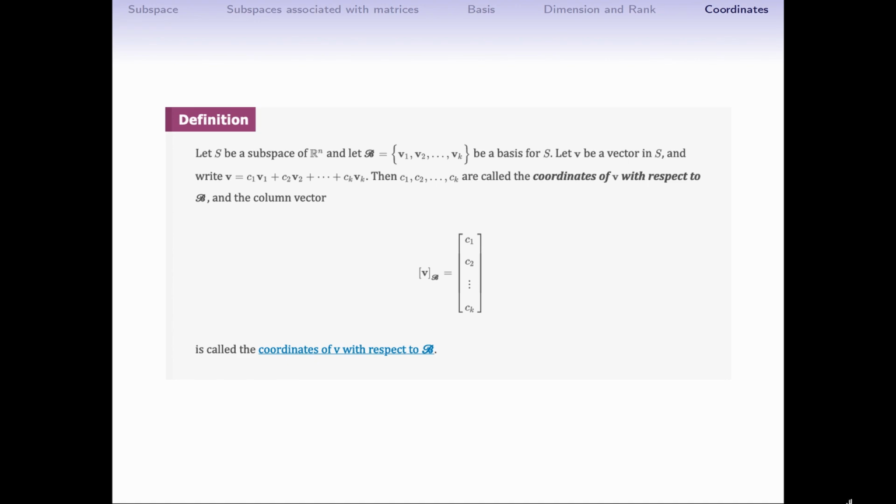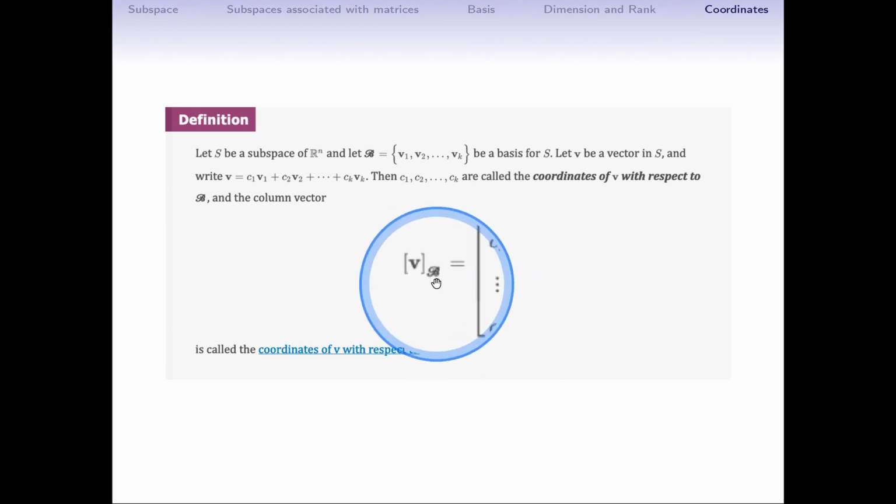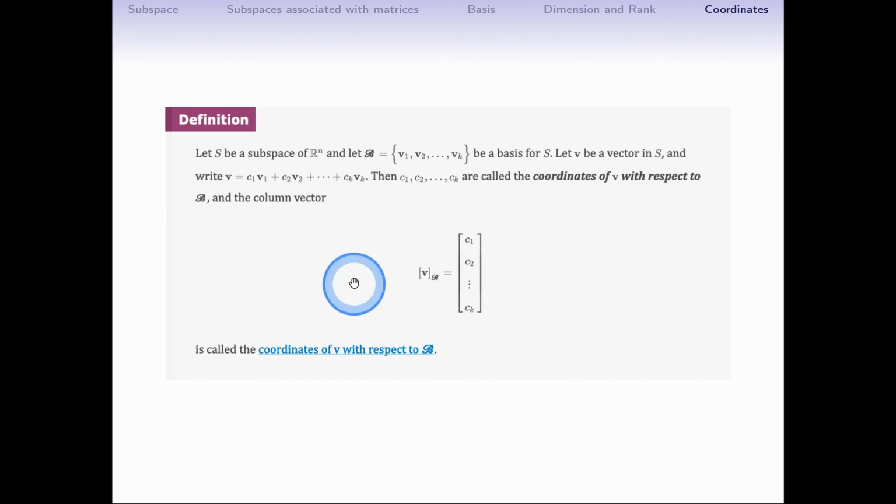Now let's think about the sense of this definition. This definition is asserting that there's an equivalence between this vector v that sits within our subspace and this column of scalars c1 through ck, and this is relative to a particular basis for the subspace. So let's think about why this definition seems proper.